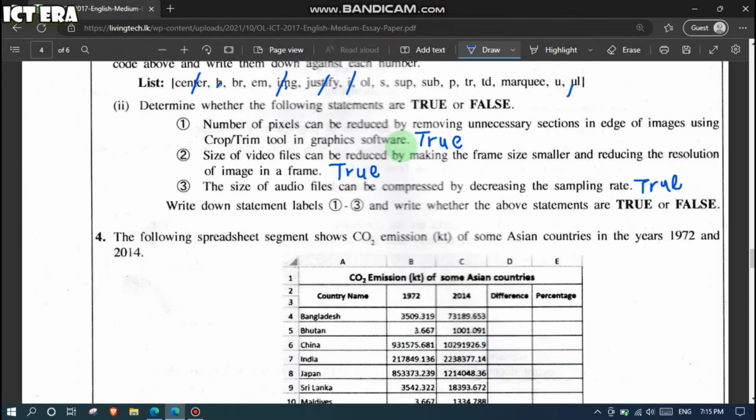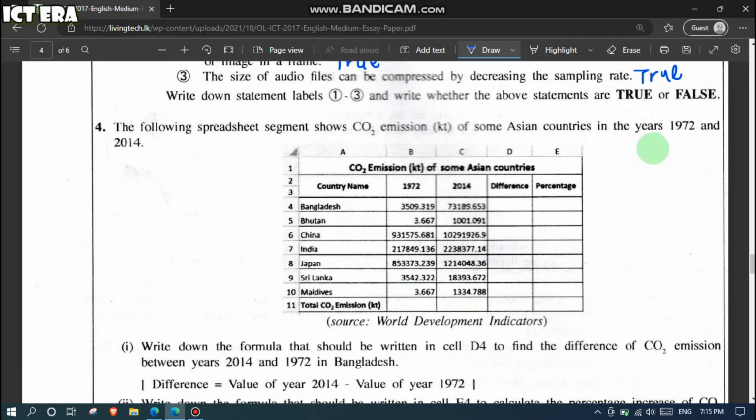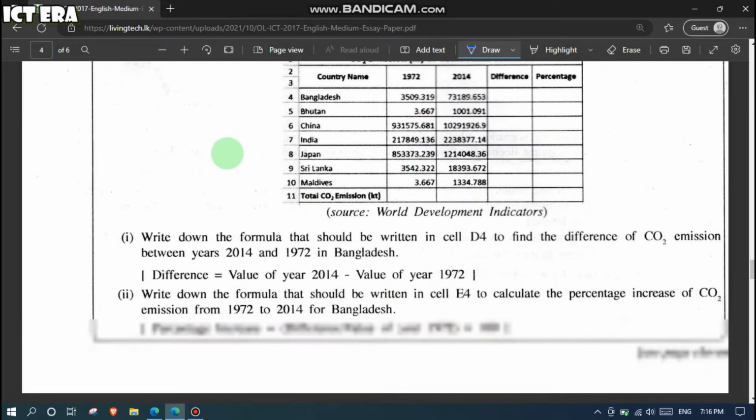Let's move on. Now the fourth question is always based on a spreadsheet segment. The following spreadsheet segment shows carbon dioxide emission of some Asian countries in the years 1972 and 2014.